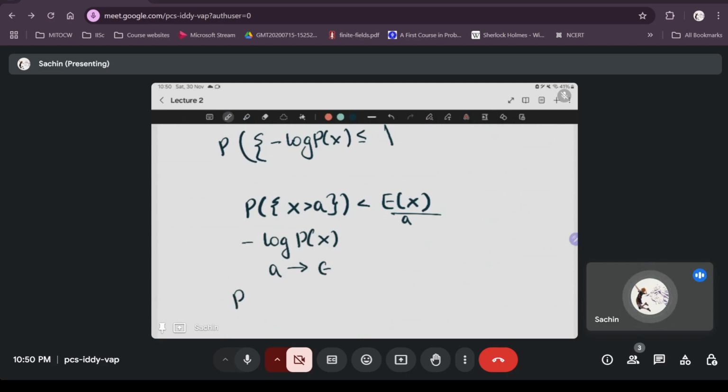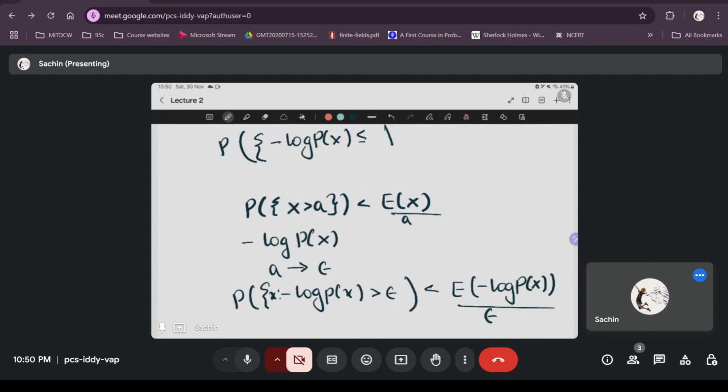So I get P of the set of all x such that minus log p of x is greater than epsilon is less than E of minus log p of x over epsilon.